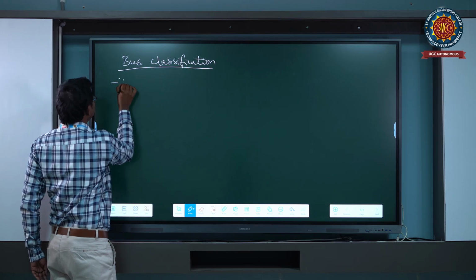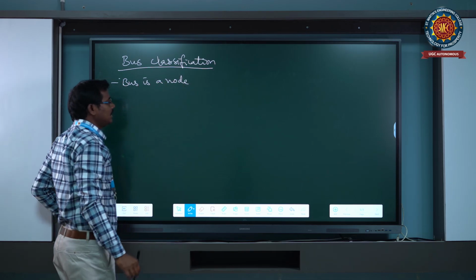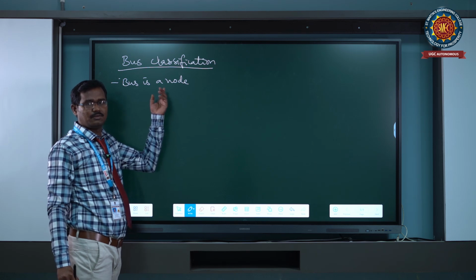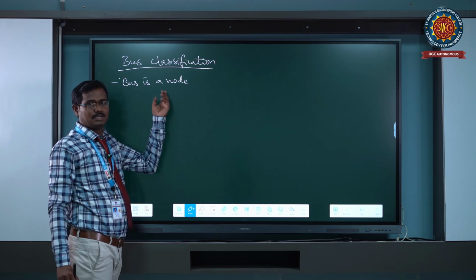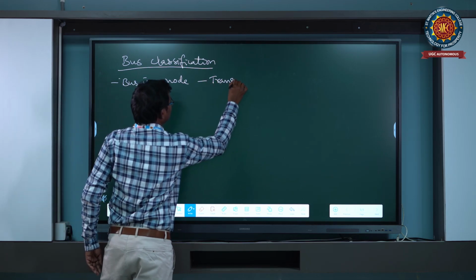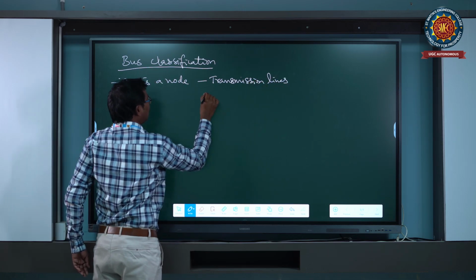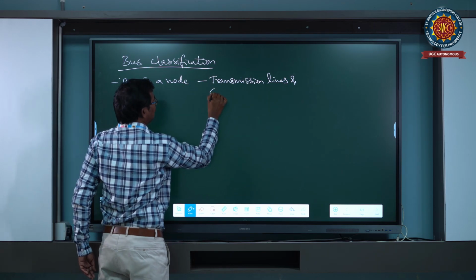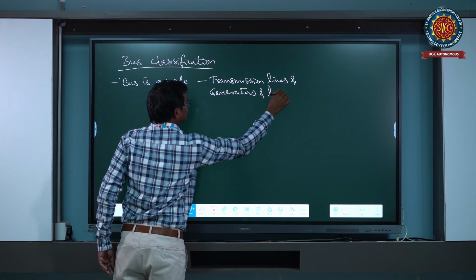A bus is a node at which many components are connected, that is transmission lines, generators and loads.